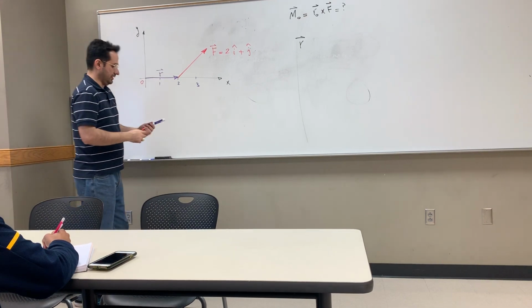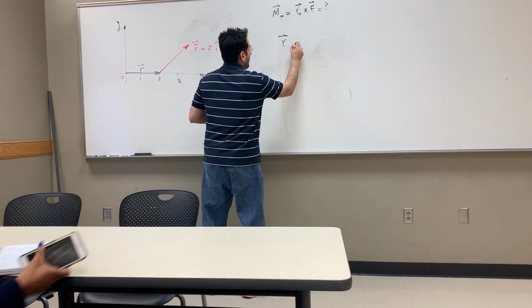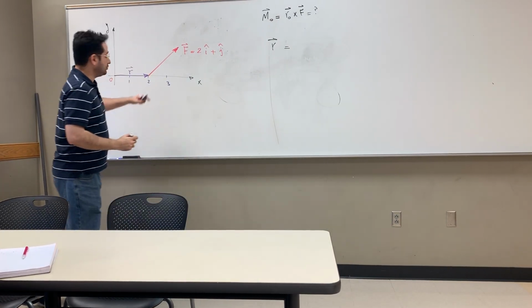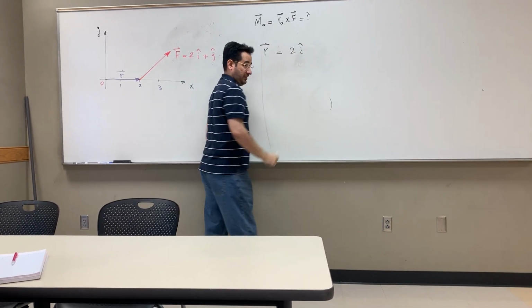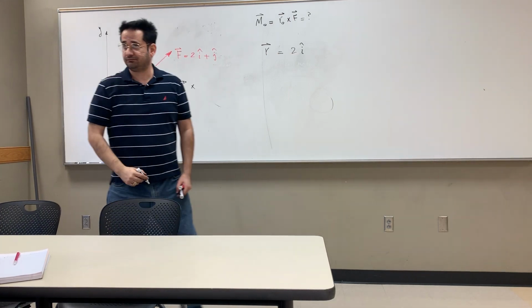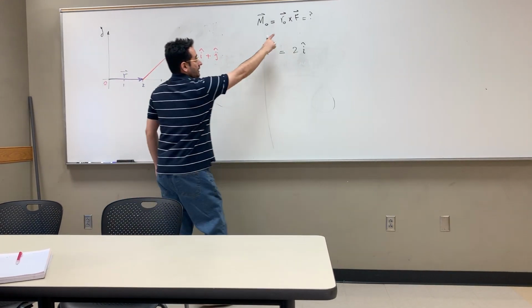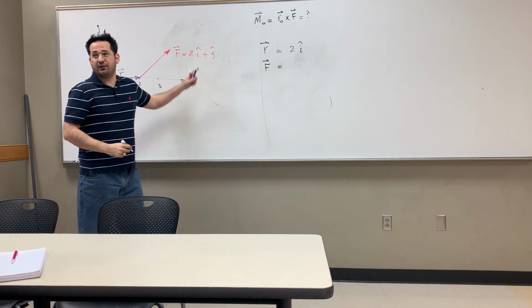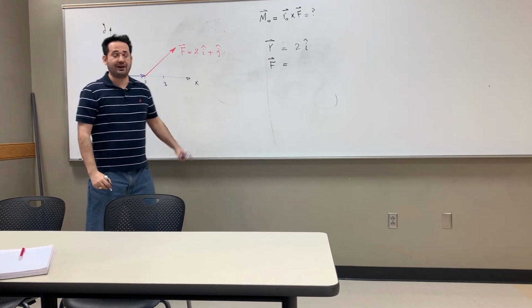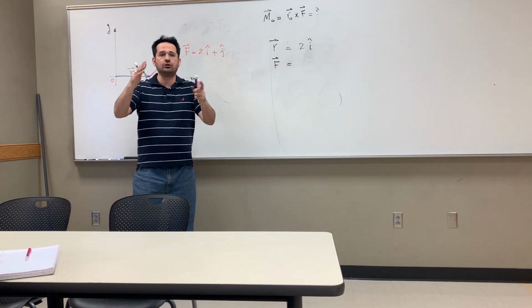Because we know what this thing is, right? So what should I write for R? 2i, thank you, and 0j. I just don't write it, right? So that's R. And what's the value of force? F is already given to you. If it's not given to you, if an angle and the magnitude are given, you know how to make it Cartesian.